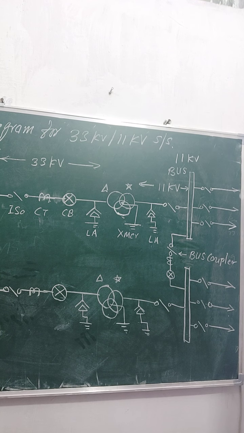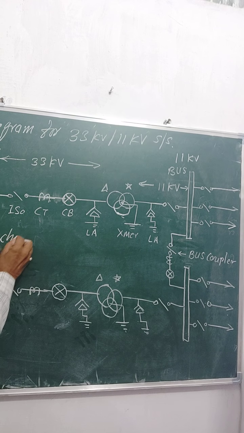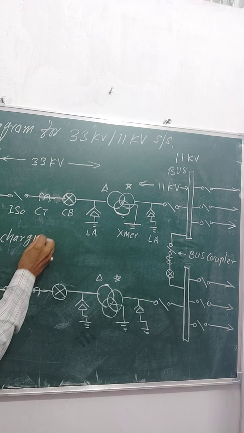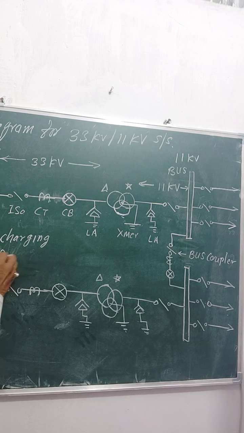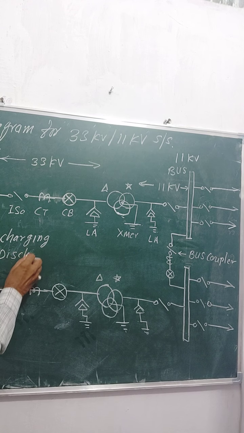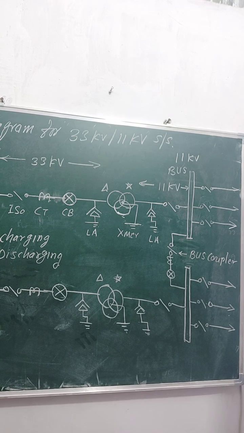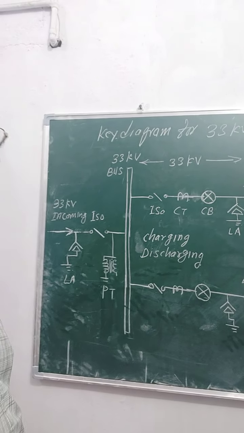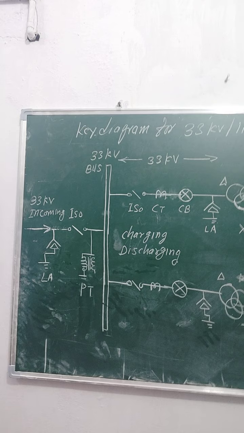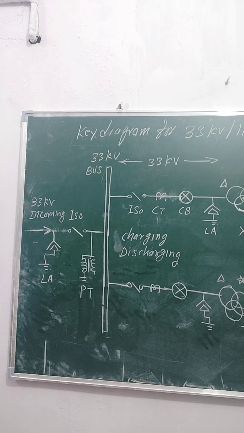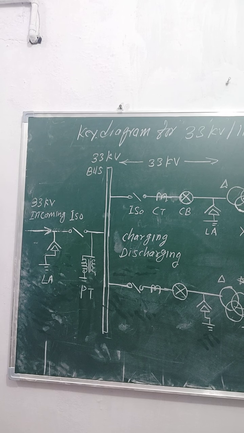Now there are two processes. One is charging and another is discharging. These are the two processes involved in this substation. So in charging, when we charge the substation after its erection and commissioning, first we close the isolator, then we switch on the breaker.